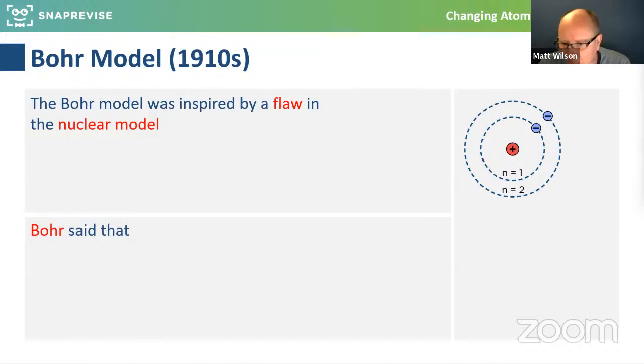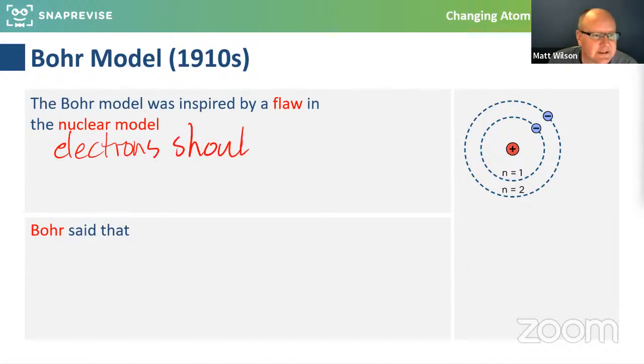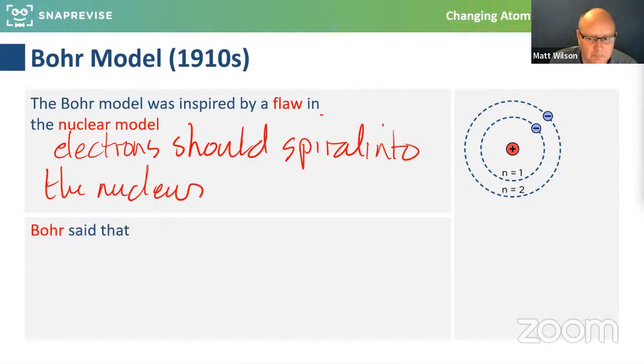And the flaw that Bohr came up with was that if there were indeed, as Eugenia said, clouds of electrons around the positive nucleus, then why on earth didn't they just collapse into the nucleus? So the Bohr model was inspired by this flaw, which is that the electrons should by rights spiral into the nucleus, making the atom collapse.